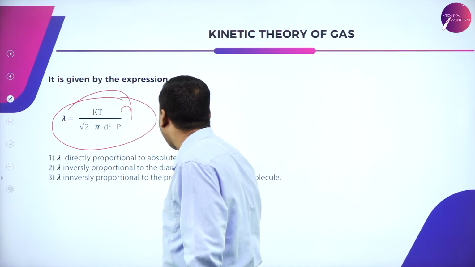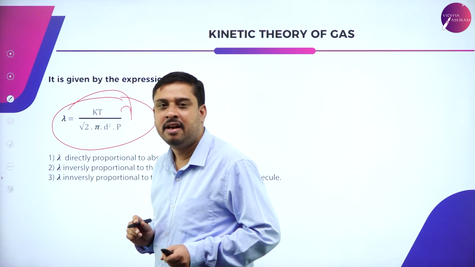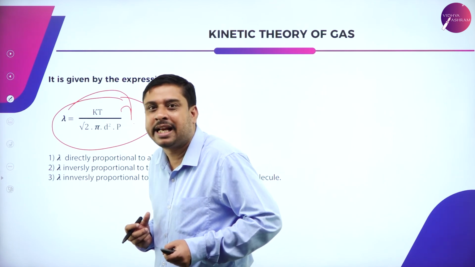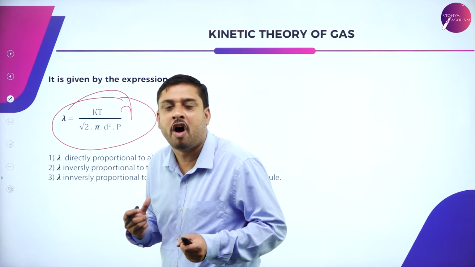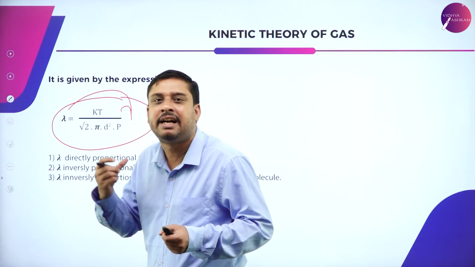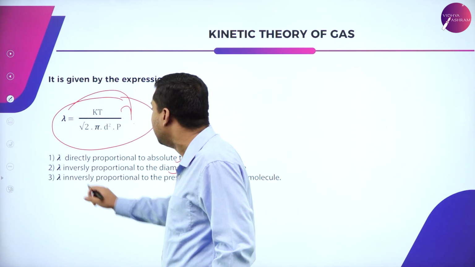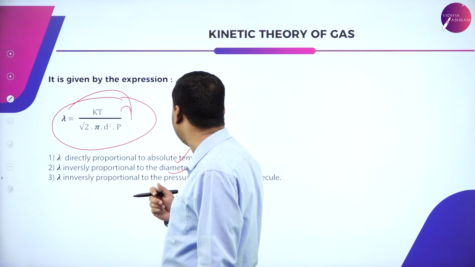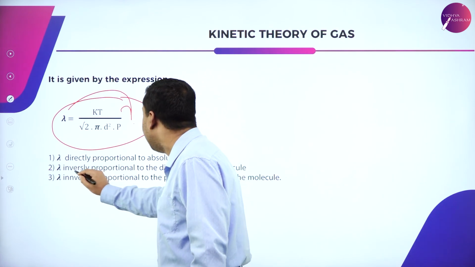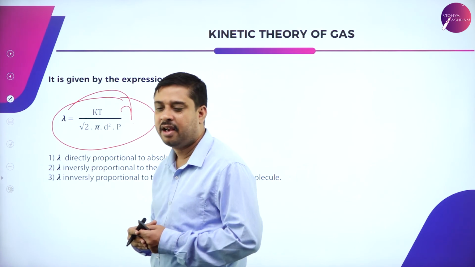Lambda is inversely proportional to the diameter. If I'm a heavy person, I cannot easily cover longer distances. If the molecule has a larger diameter, the mean free path covered is less. So lambda is inversely proportional to the diameter and inversely proportional to pressure.